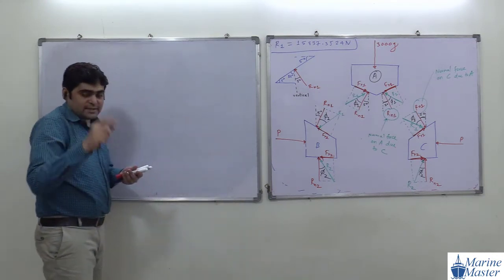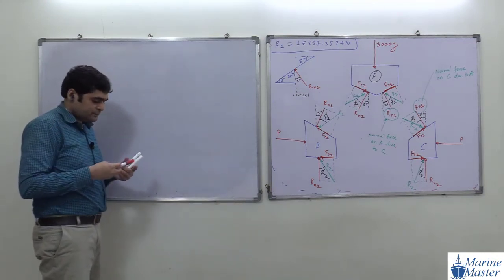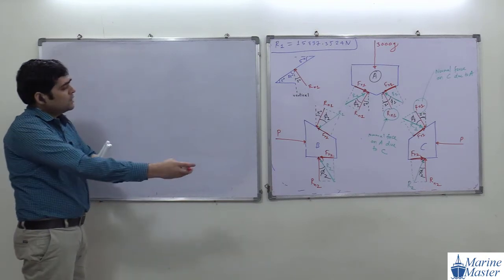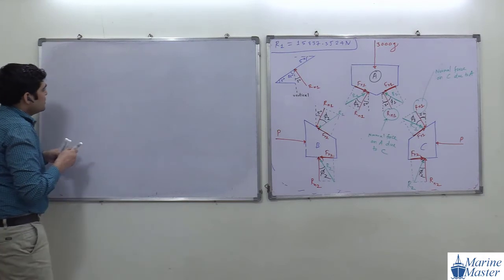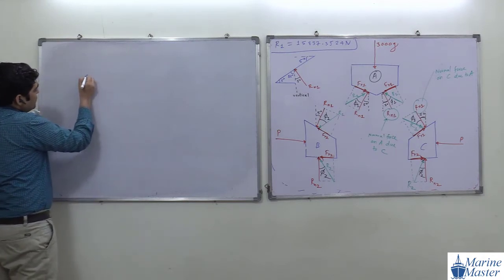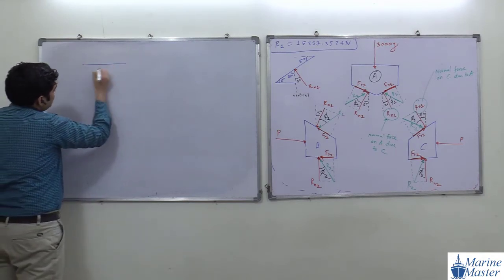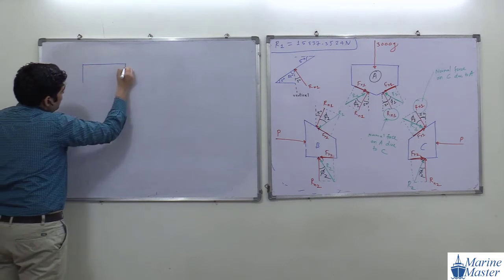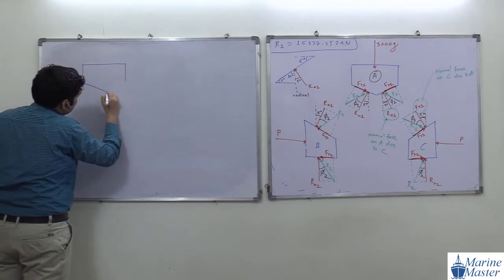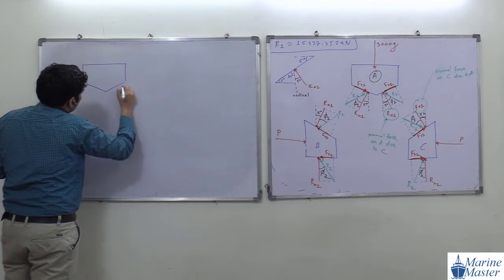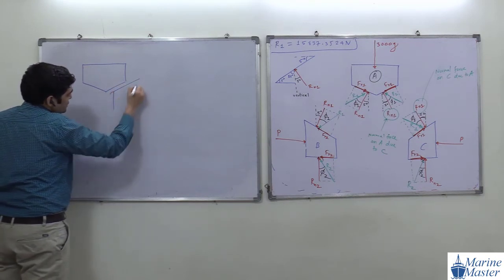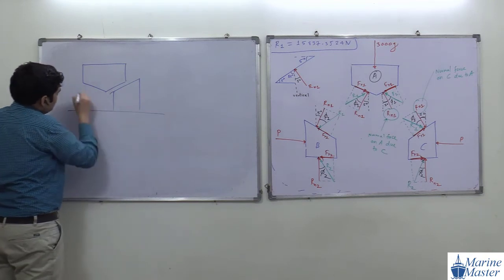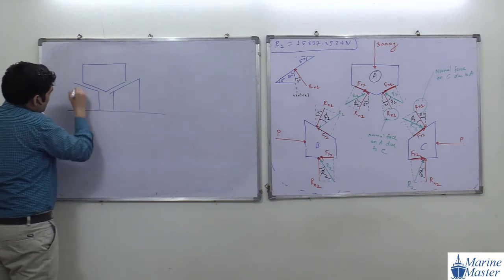So see the scenario here. What do we have? A wedge, a tapered block and 2 wedges.